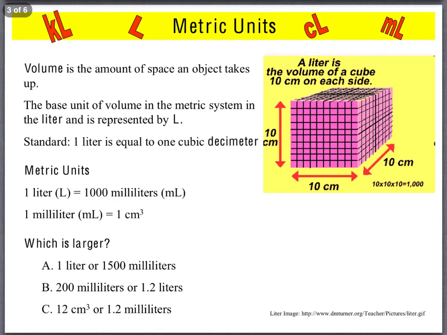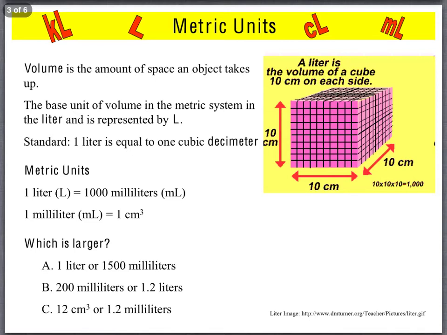So if you had a cube that was 10 centimeters tall, 10 centimeters wide, and 10 centimeters deep, that would be equal to the volume of 1 liter. So 1 liter would be 10 times 10 times 10, which is 1,000 milliliters.